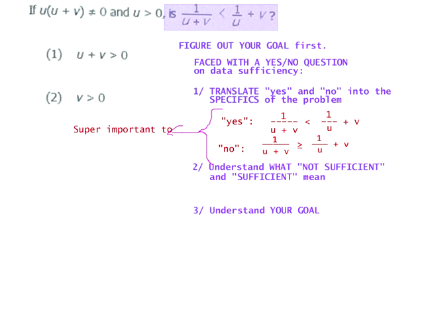So it's super important to translate like this. Because again, yes and no can't emerge from math work. But these things can. These can be direct results of the work that you do. So the point is this is concrete, yes and no or not.